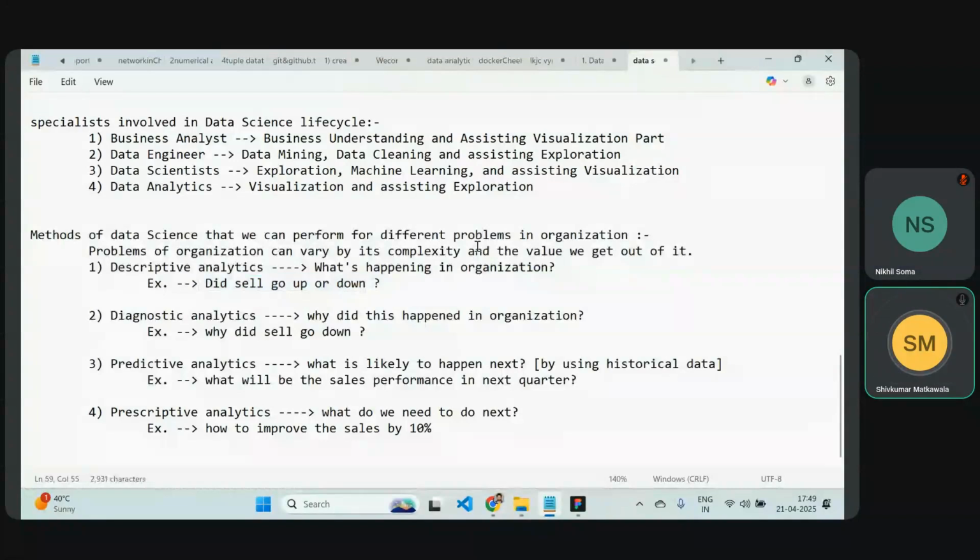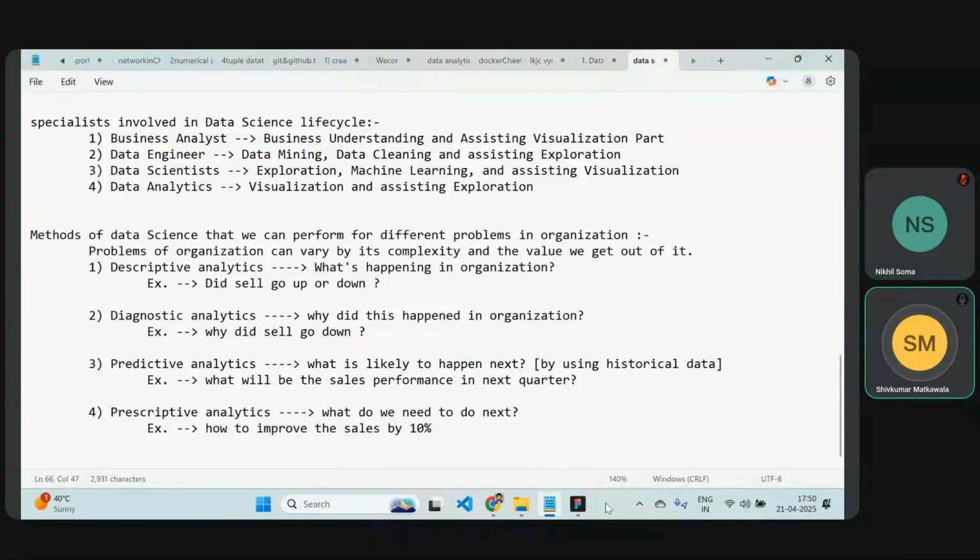The next question comes. What is the next question? Diagnostic analytics. Why did this happen in the organization? There might be reasons. If you are in a loss, what are the reasons? What are the actual factors that brought that loss into the organization?